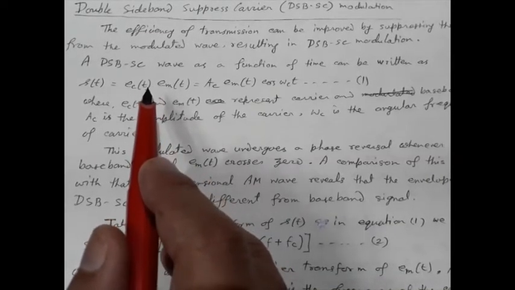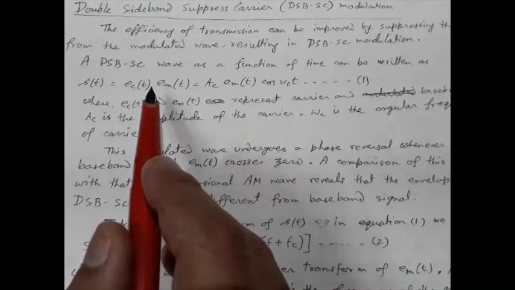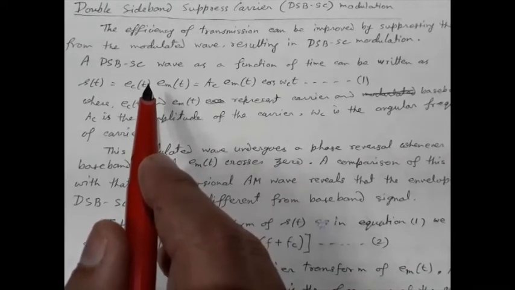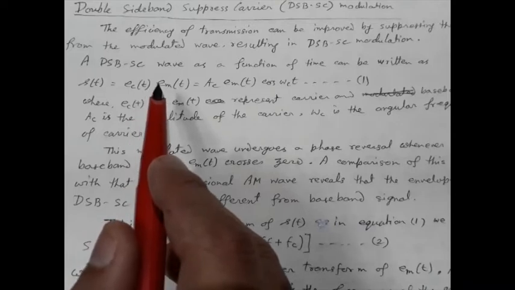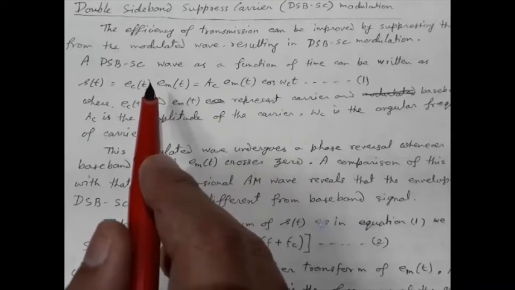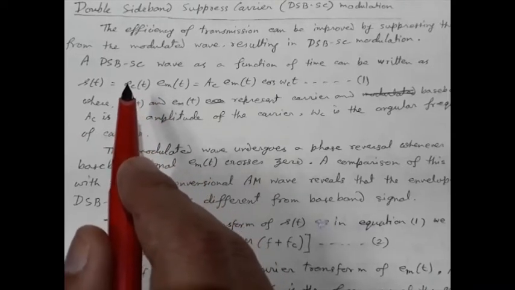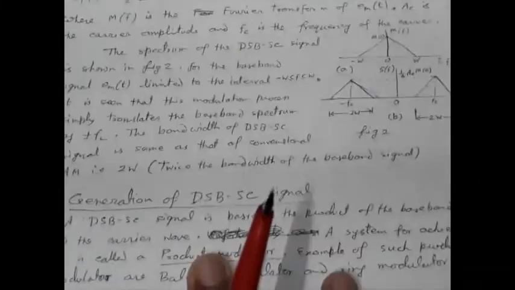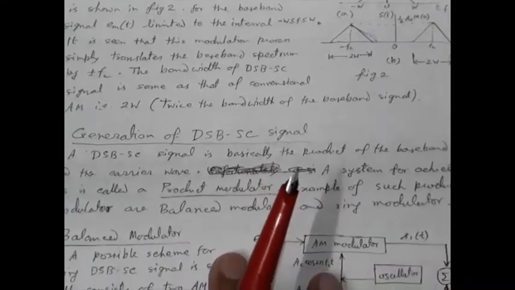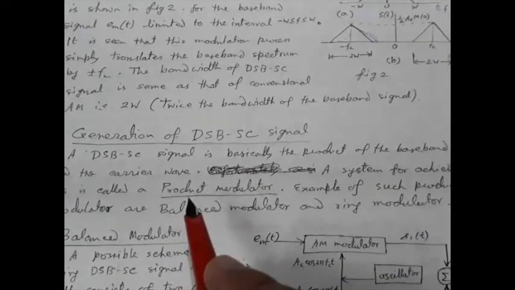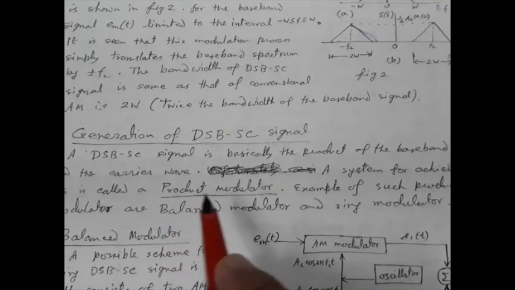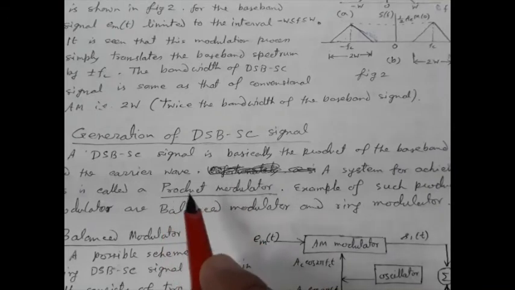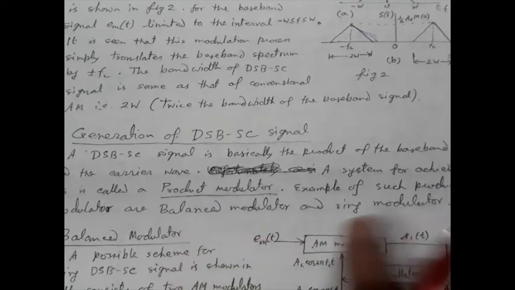That means if we have a system that produces the multiplication of two input signals, that will be treated as the DSB-SC modulator. That is why this type of modulator is called a product modulator.